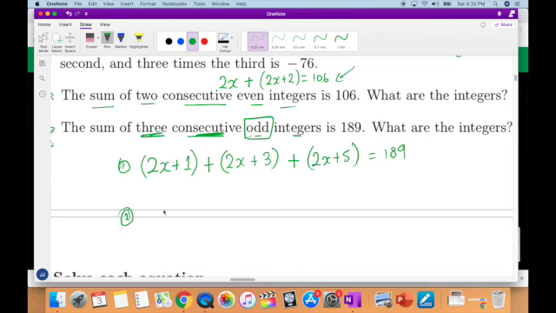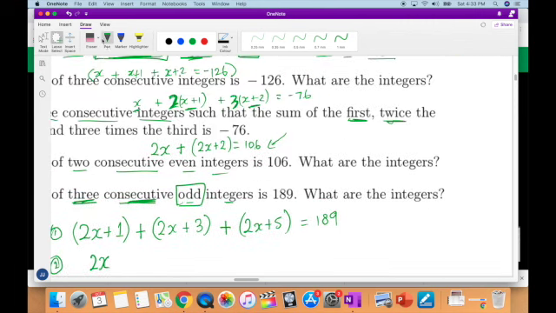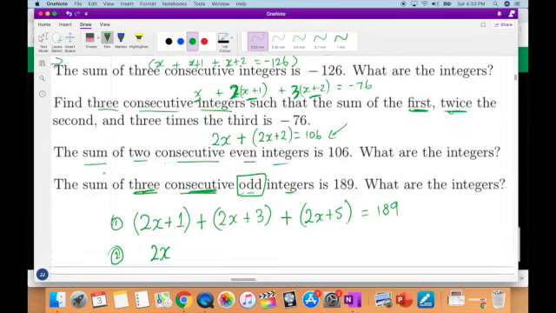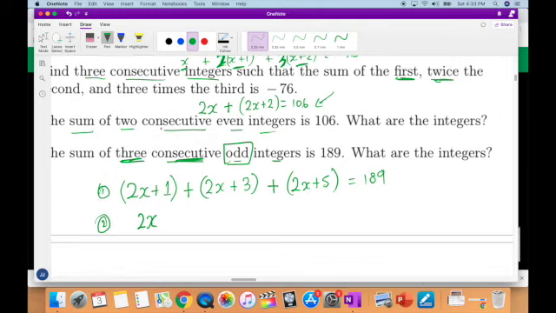You know how we were saying that 2x is an even number? And if 2x is an even number, that means that 2x plus 1 will be odd.